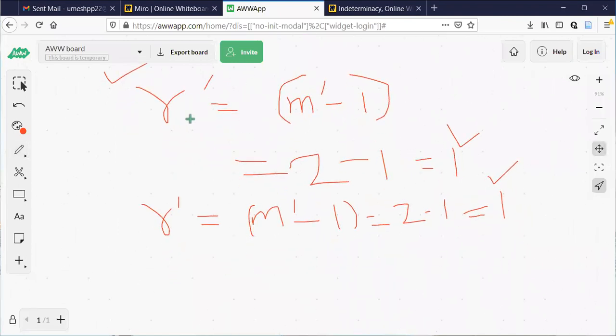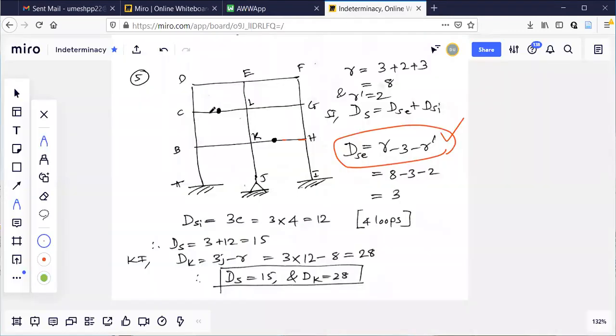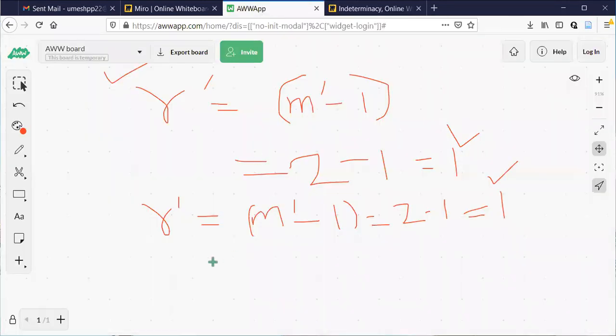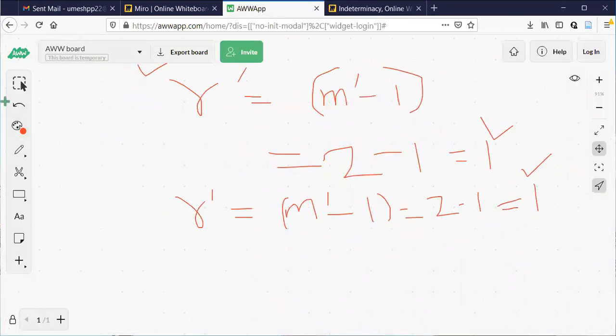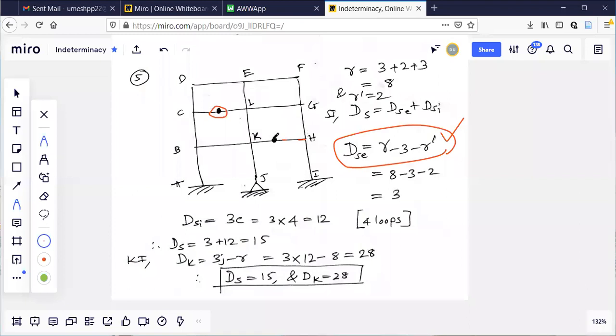One hinge was there. This R dash is for this hinge. Okay. And this R dash is for this hinge. So finally I calculated R dash as 2.